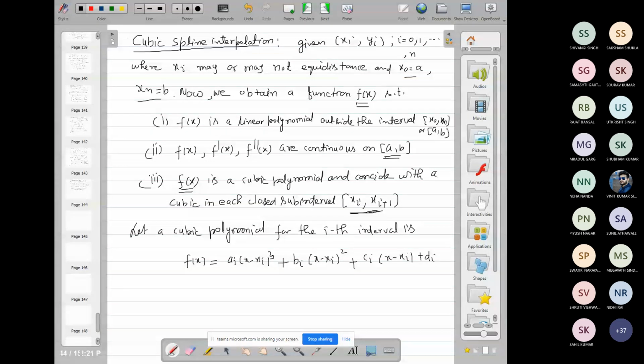This is the general form of a cubic polynomial for the ith interval.